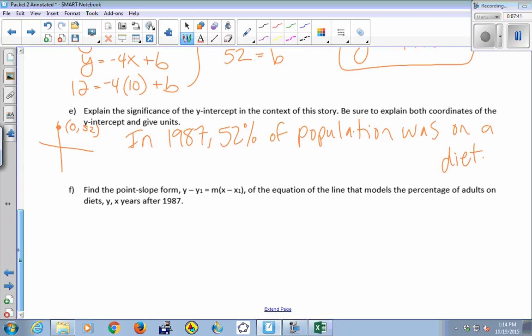All right, now I'm just going to do this a little bit differently. I'm going to find an alternative equation of the line. It's going to be equivalent to the first, it just looks a little bit different. And we're going to use y minus y1 equals m times x minus x1. And again, I know m was -4, so I'm just going to put that in.